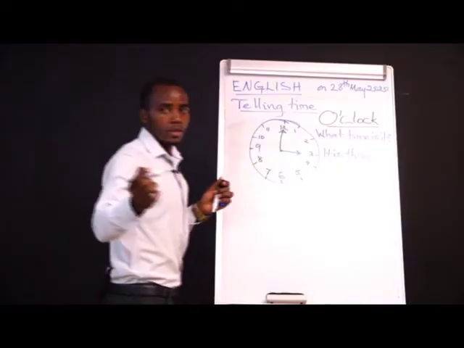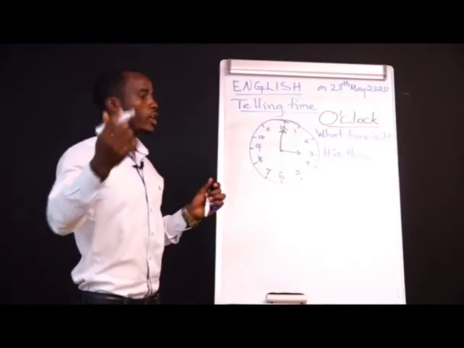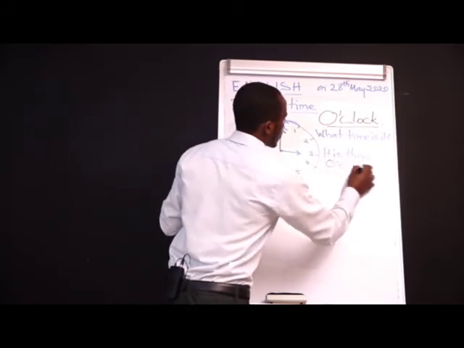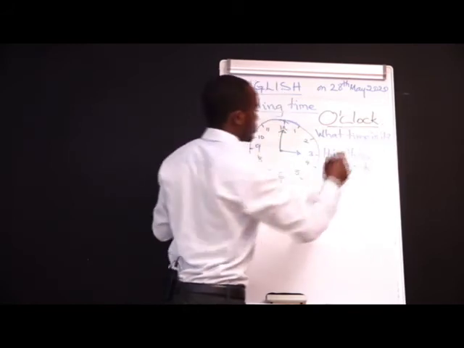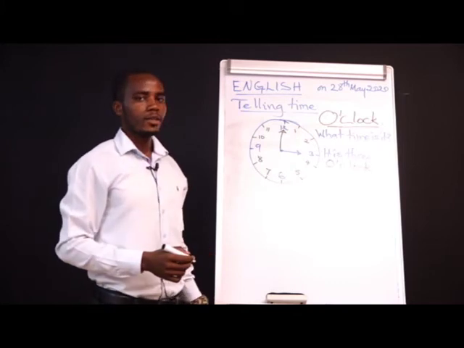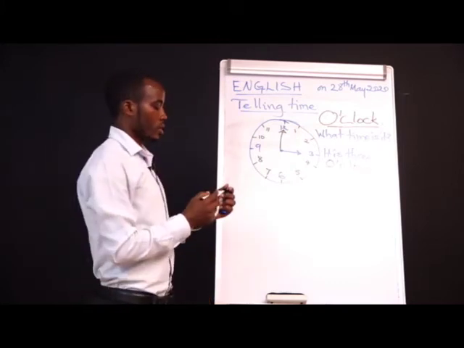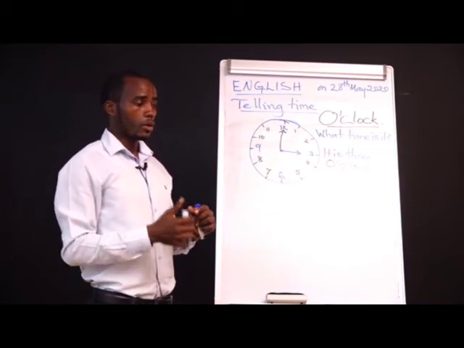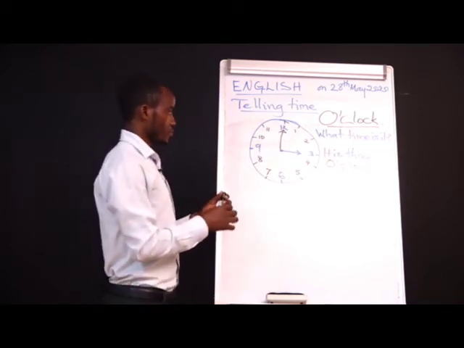Who can complete? Complete, please. Okay, it's 3 o'clock. Thank you so much. It's 3 o'clock. Today we are going to talk about the o'clock. Next time we shall talk about the other things, okay?